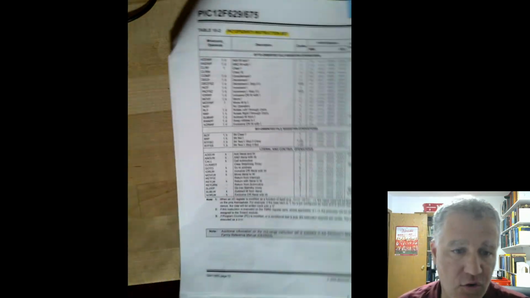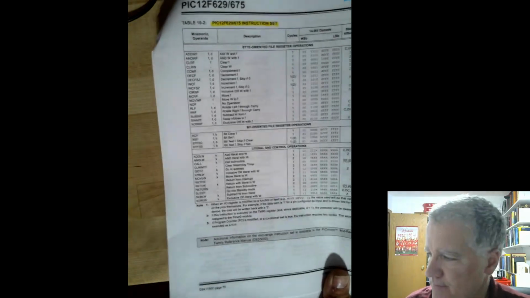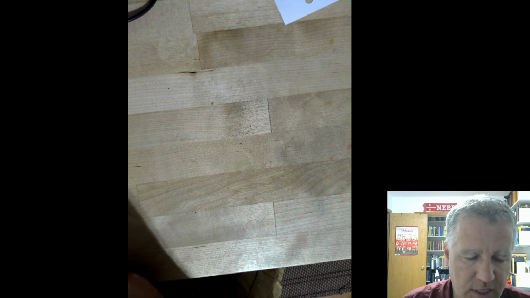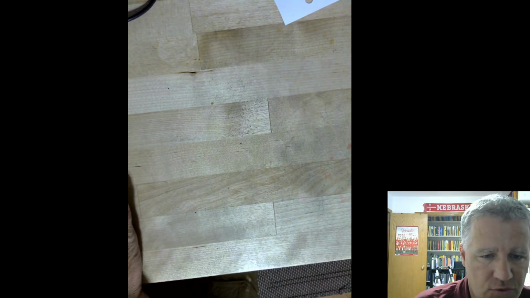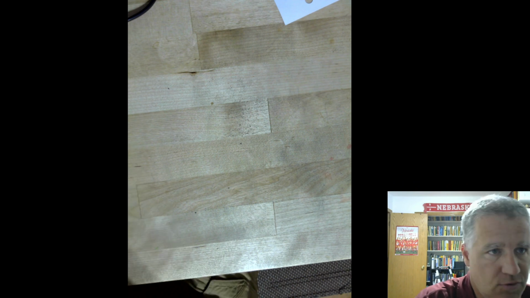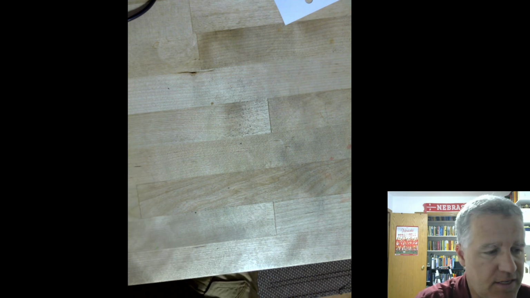So that's really handy when you're trying to put together some of your own ideas for algorithms. All right, so that's a little cruise through the data sheet. Again, I would definitely suggest that you print that off and have it with you as we work through these various labs, and then as you get on to some of your own projects.